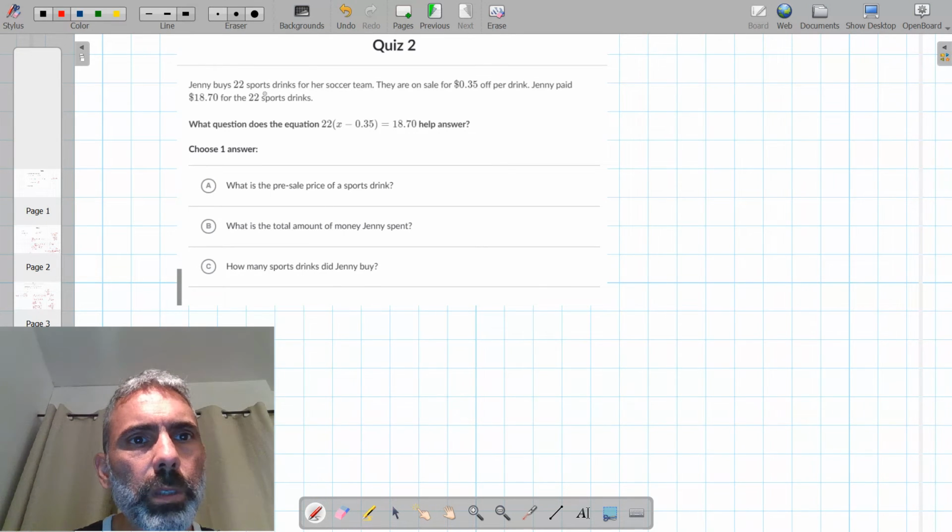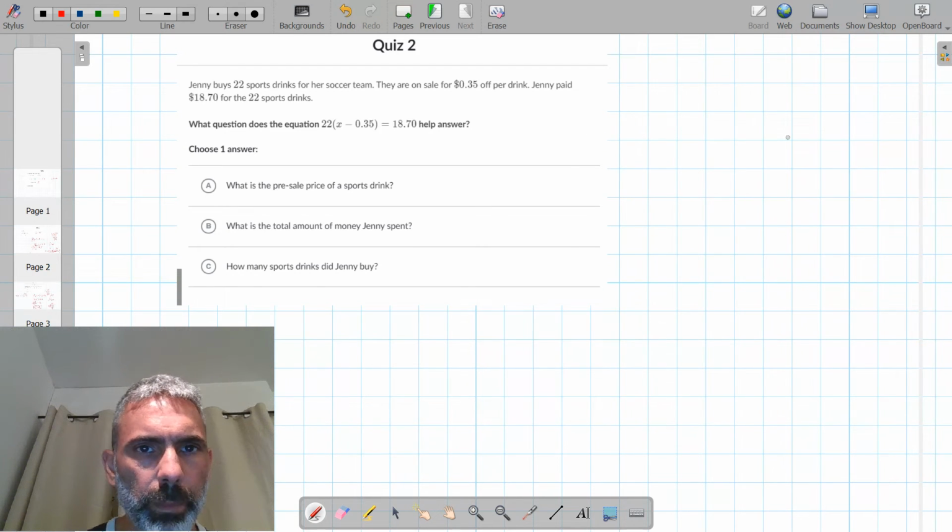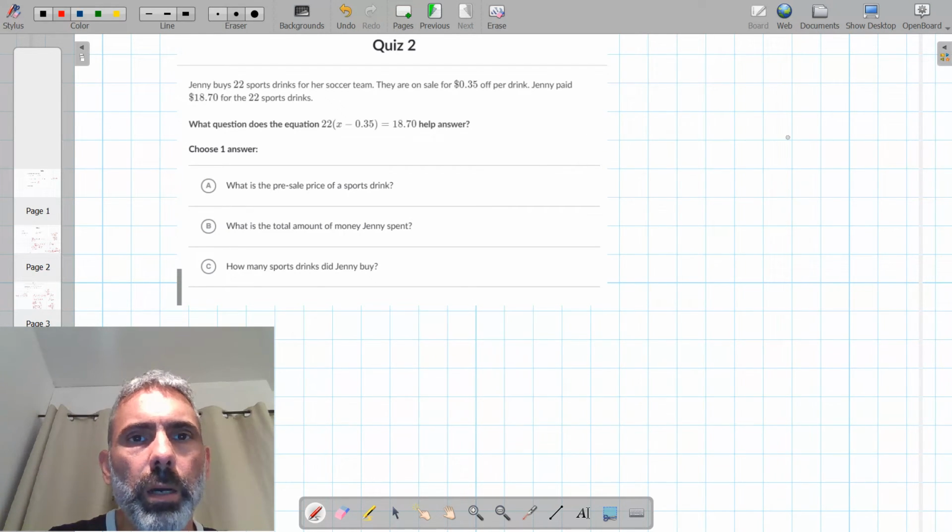Jenny buys 22 sports drinks for her soccer team. They are on sale for $0.35 off per drink. Jenny paid $18.70 for the 22 sports drinks. Okay, so we don't know the price.